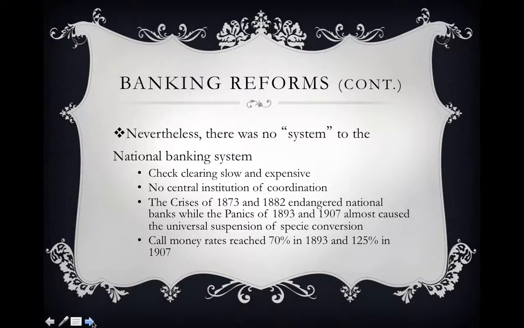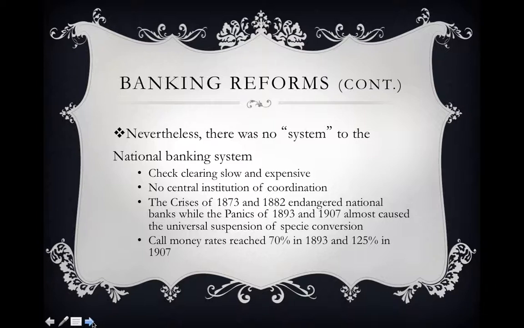All right, and there were also panics in 1893 and 1907. So I want you to realize that this final period of the national banking quote-unquote system was pockmarked with some drastic financial panics that very much undermined the banking system. All right, and realize that all banks almost universally suspended the conversion of specie.